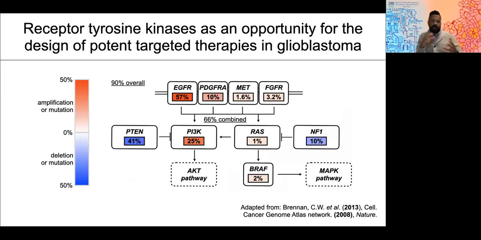So recent large-scale efforts, such as the Cancer Genome Atlas, have really defined the genetic landscape of many, many different types of tumors, including glioblastoma. It's actually one of the first to be profiled by the TCGA. And these efforts, as well as some prior work, identified evidence for pretty much near ubiquitous overactivation of receptor tyrosine kinase signaling, with almost 90% of tumors having an activating mutation in one of a few components of this pathway.